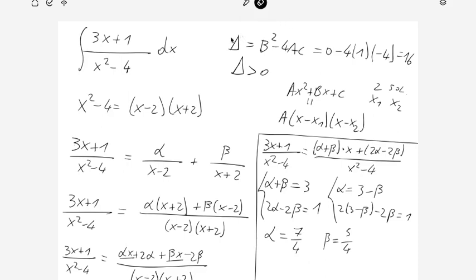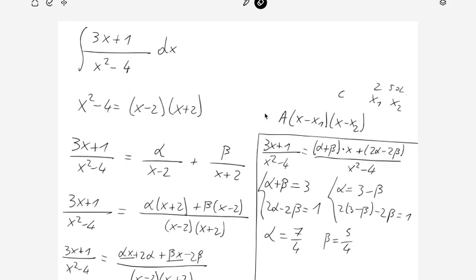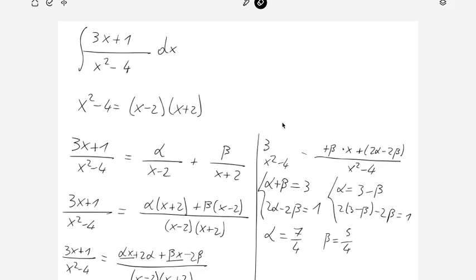Okay, and what does it mean? It means that now I write 3x plus 1 over x squared minus 4 as 7 over 4 over x minus 2, plus 5 over 4 over x plus 2.